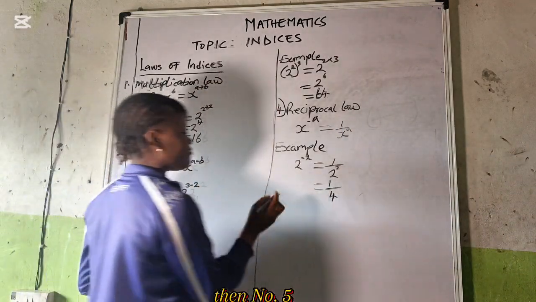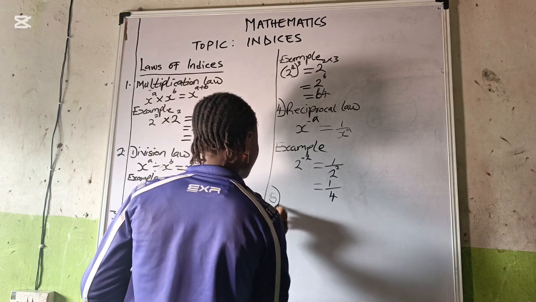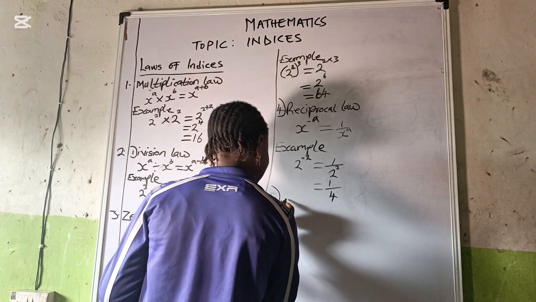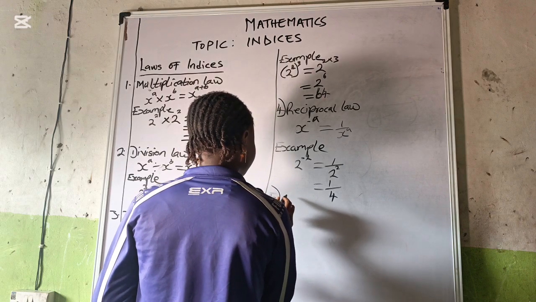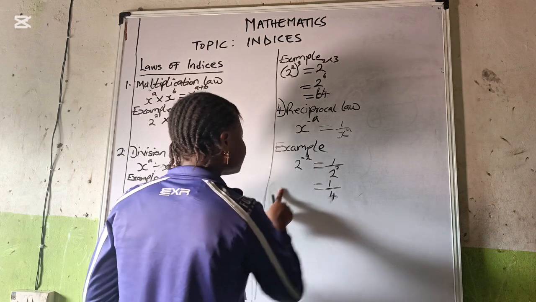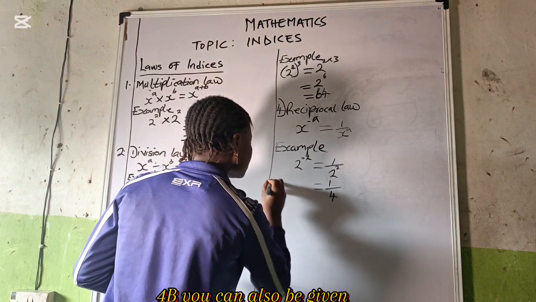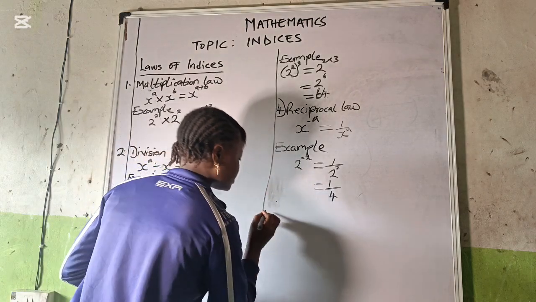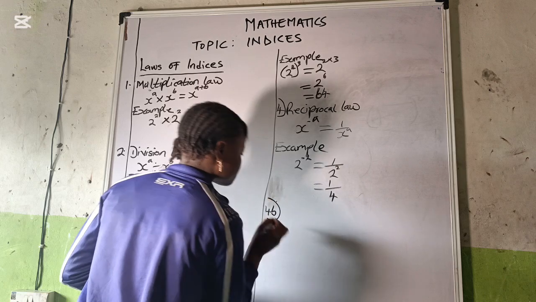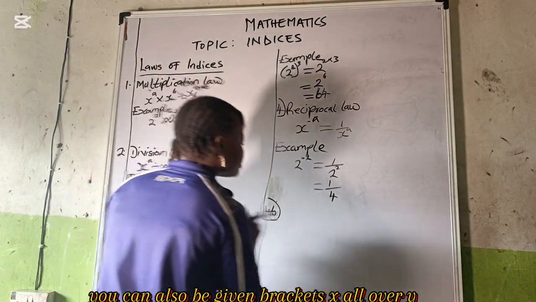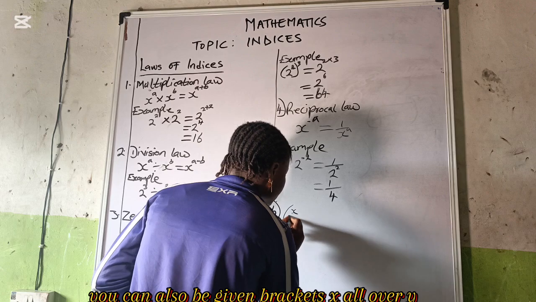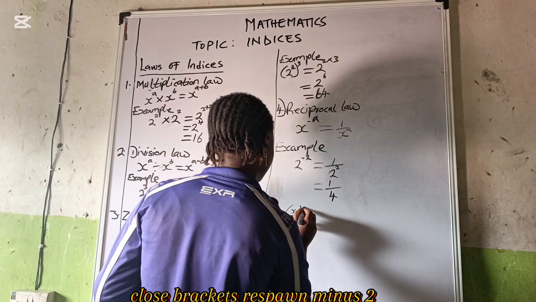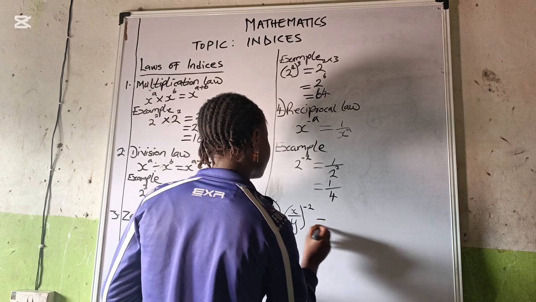Then number 5, we have the fractional... okay, 4b. You can also be given brackets x over y close brackets raised to power minus 2.